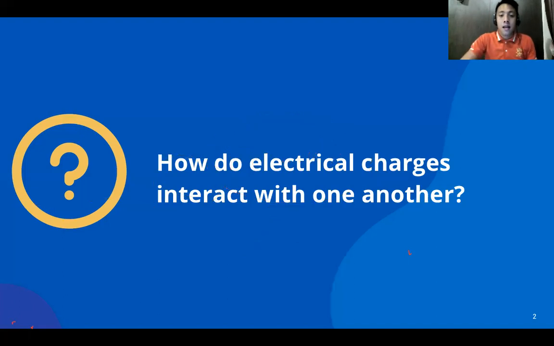Now, how do electrical charges interact with one another? We have a main word here, which is interact. When we say interact, that means how they are communicating, something like that. So how they are related to each other.